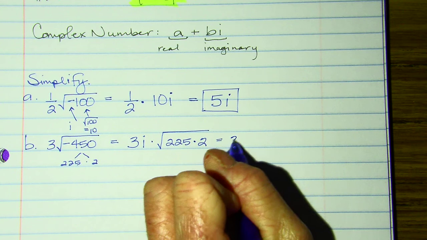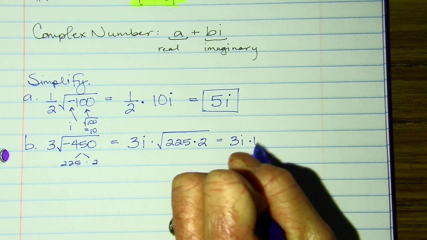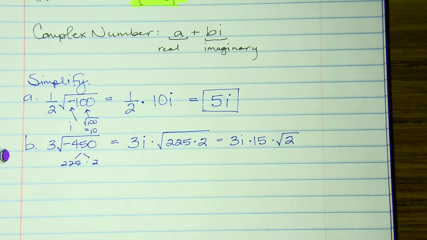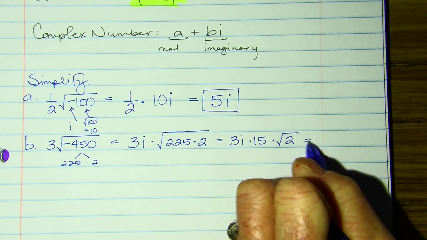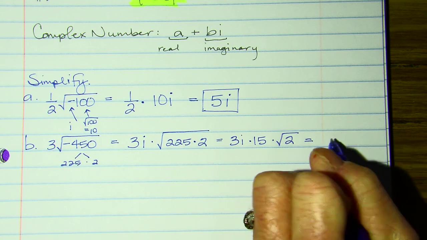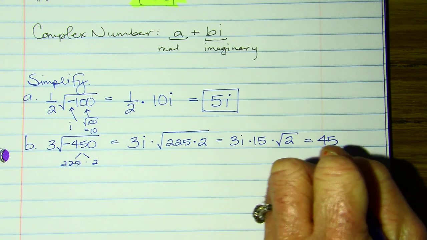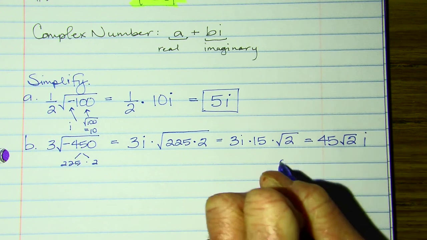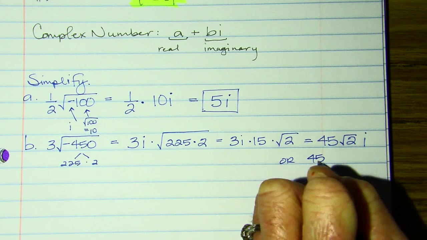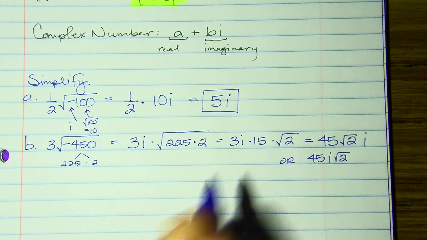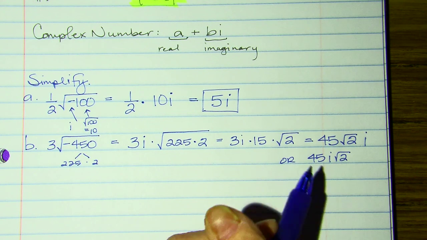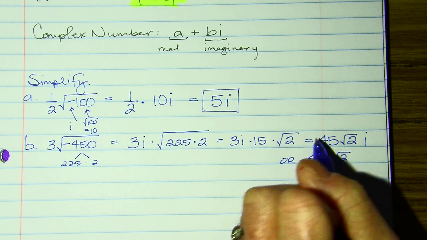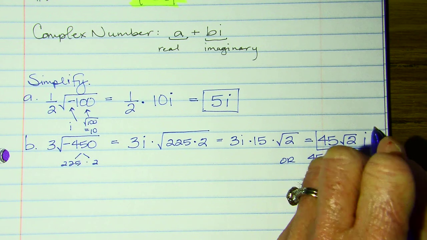So that leaves me with 3i times 15 times the square root of 2. So I'm going to write my final answer as 45 root 2 i or 45i root 2. You can choose where you would like to put the i. Usually letters are last, so I'm going to write it like this.